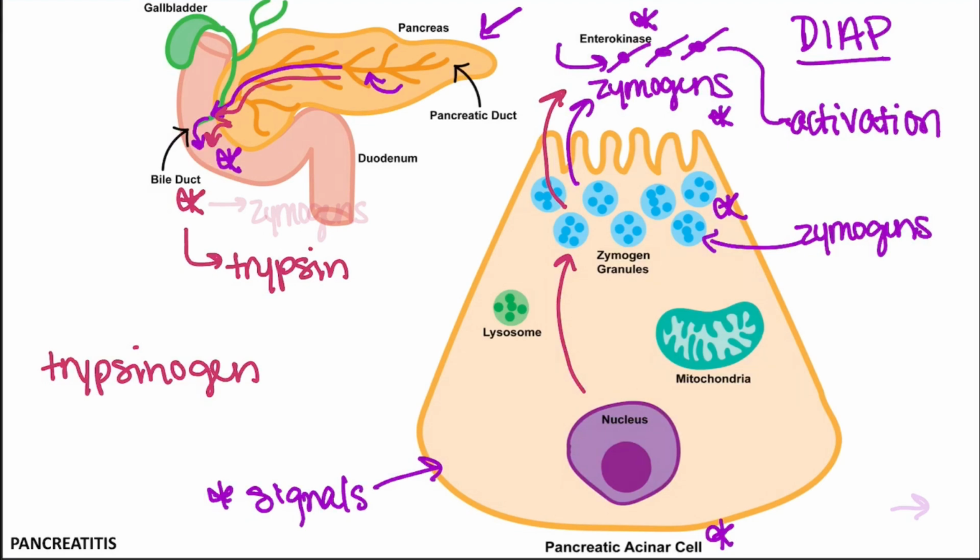And then it can cleave and activate the remaining zymogens that are synthesized and secreted with it from the acinar cells. And this causes that enzyme activation cascade to help digest meals. So moving to the next slide.